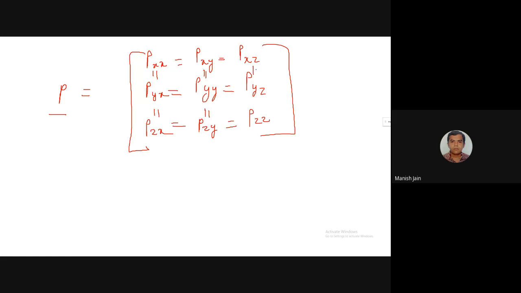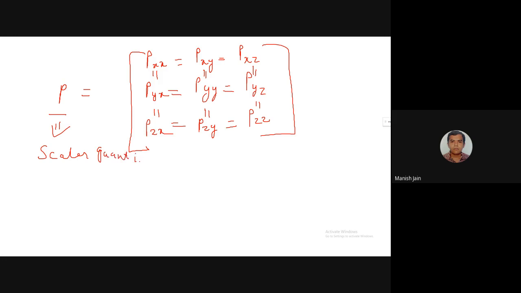You need not worry whether it is PXX or PXY or PXZ, because in all directions and all surfaces you have the same force, which shows that it is a scalar quantity. If the value of pressure does not depend upon direction, it is a scalar quantity. You need not write 9 components, you have to write 1 component only.